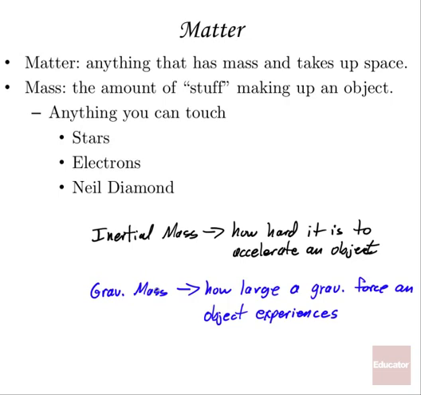So inertial mass and gravitational mass, two types of mass. But what's really slick in physics, anytime we've ever measured anything, the inertial mass and the gravitational mass have always been the same. There's no theoretical reason we really understand yet that says why, but it always works out. And man, is that slick for us as we start our study of mechanics coming up here shortly.